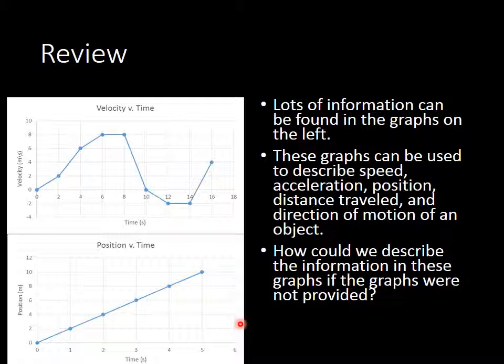We can calculate the slope of it and figure out how fast it's going. We know where it is. There's a ton of information that's covered in these two graphs. But again, the question is, what if they don't give us a graph?